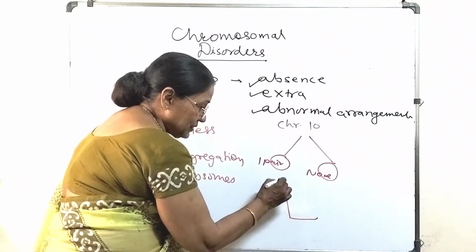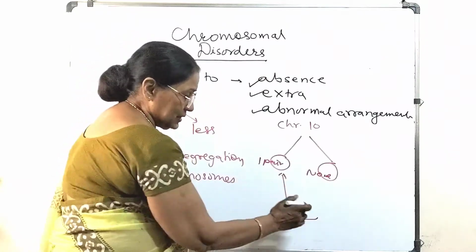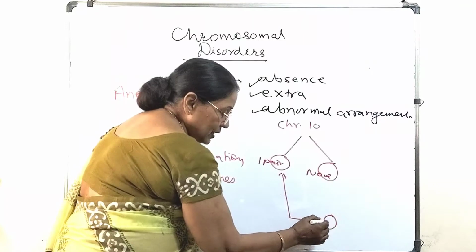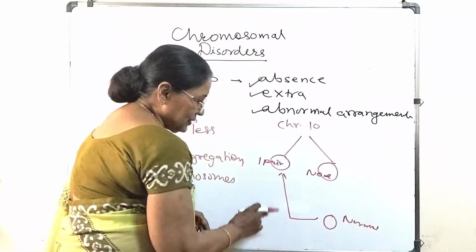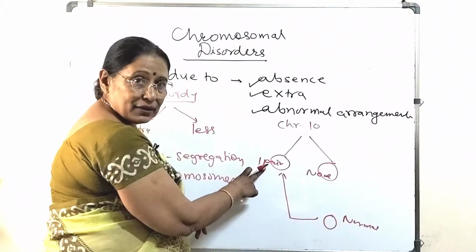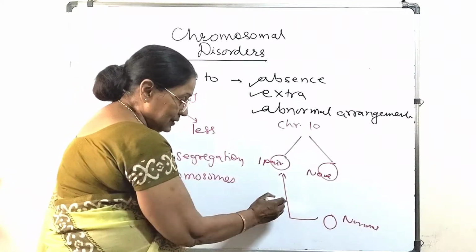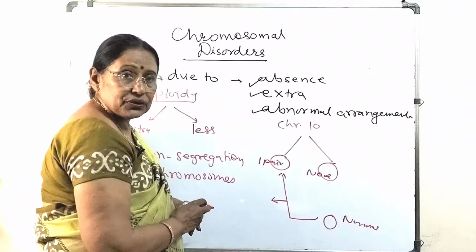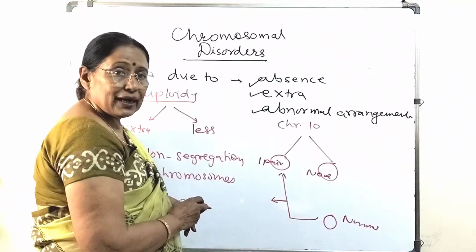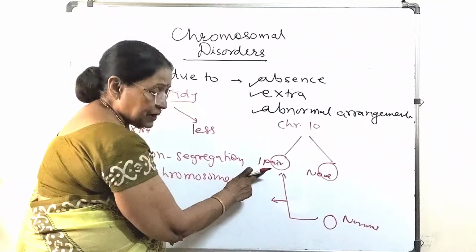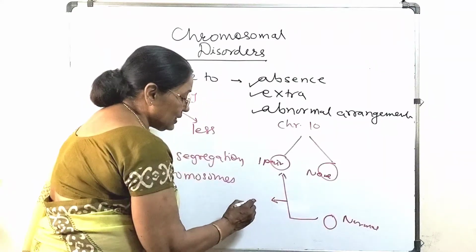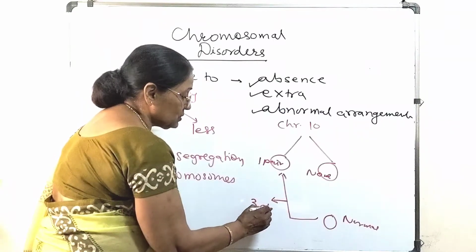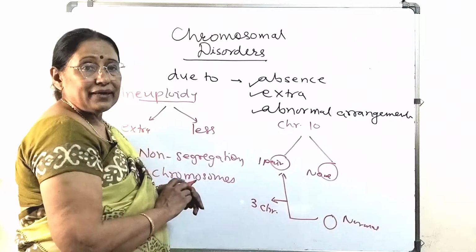Now when this one is fertilized by a normal gamete, what will the resultant individual have? Here there was one pair and there is one, so it will have 3 chromosomes of chromosome number 10.